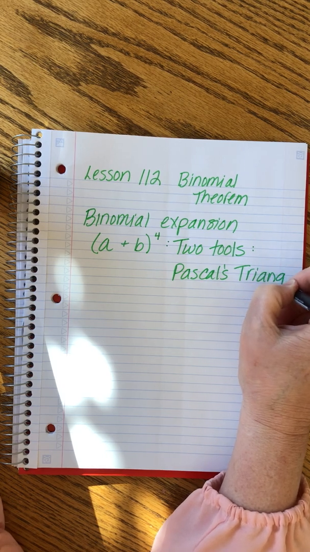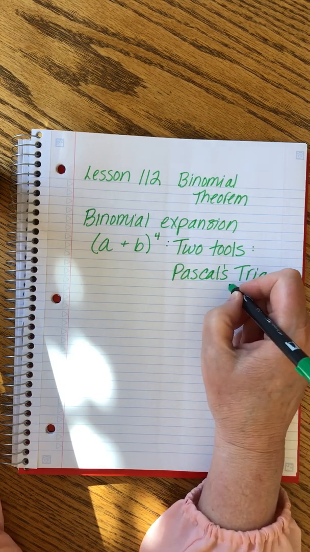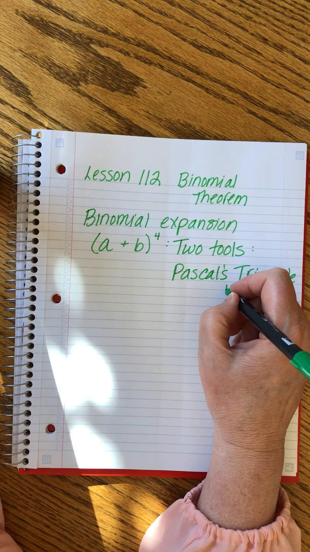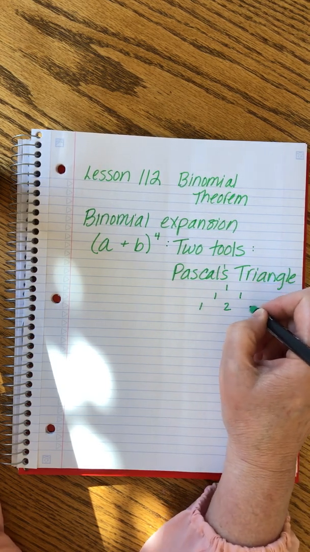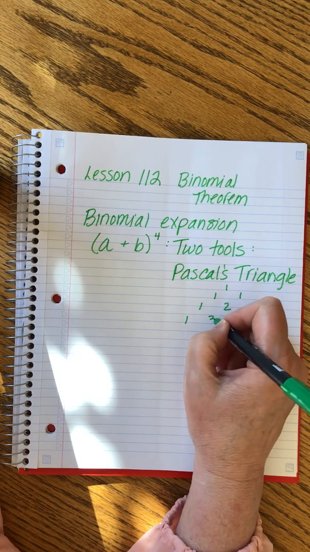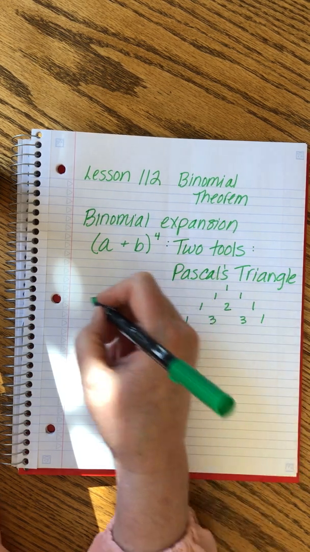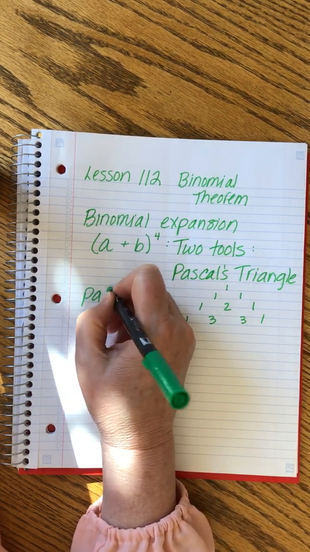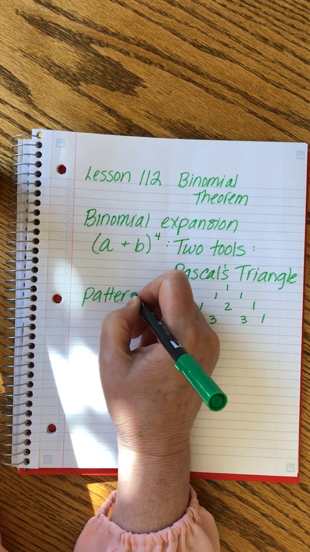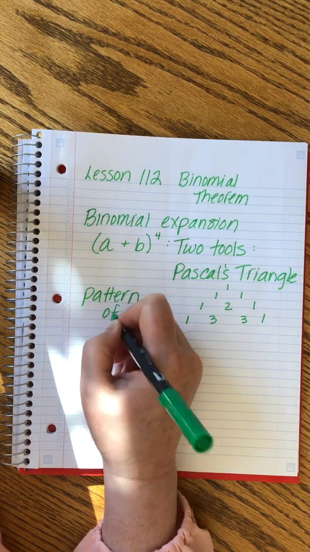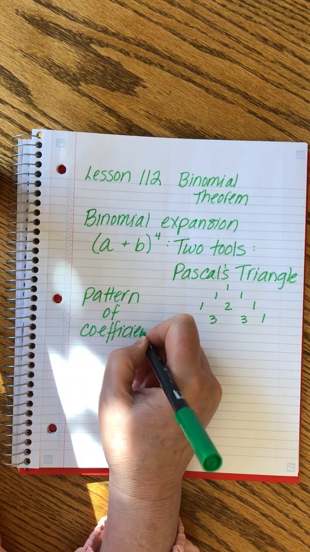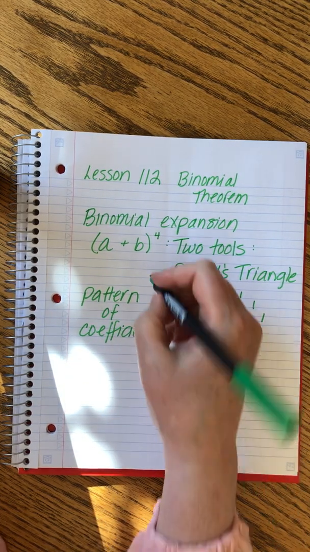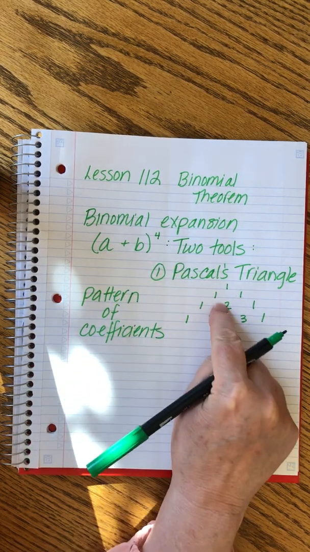Remember, we do a plus b to the 0 power is 1, and then 1. We're writing a pattern of coefficients, right? And after we get it going, we're just adding the numbers. This gives us the pattern of the coefficients. So that's the first tool that we've used to create the binomial expansion.